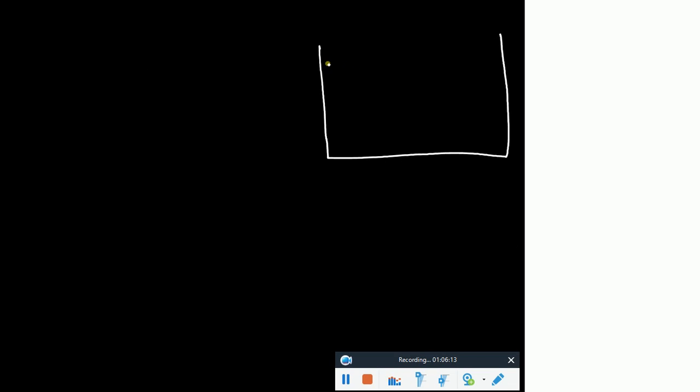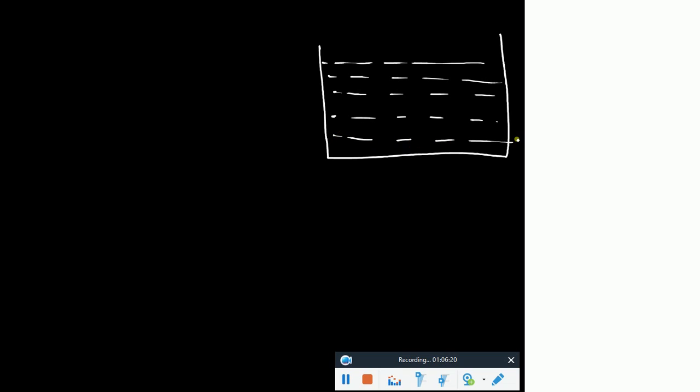So let's say this is a fluid body, and you place some object over there. What is the total net force experienced by this object? Let's say this height is L1 and this height is L2.